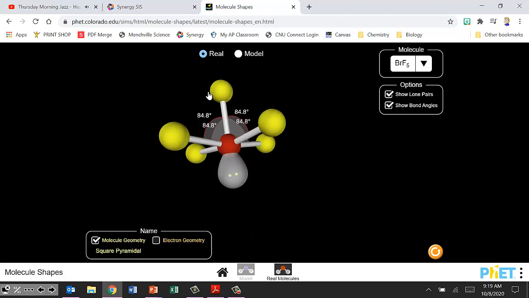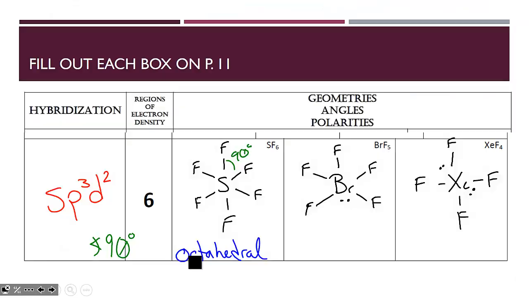The lone pair still repels the bonded pair, so the bond angle does drop, but this is known as a square pyramid with a bond angle that's a little less than 90 degrees. 2 lone pairs are going to set up opposite one another.